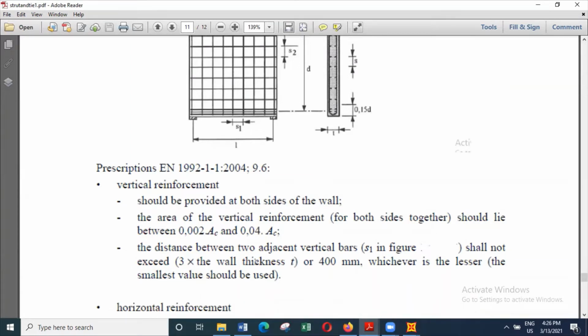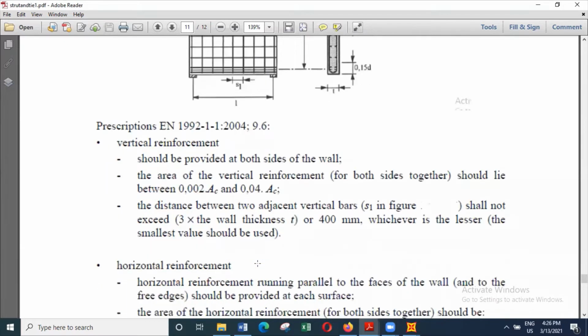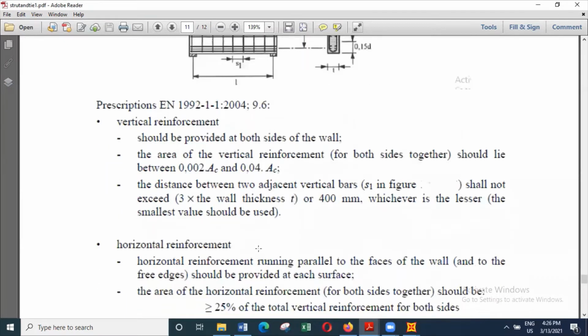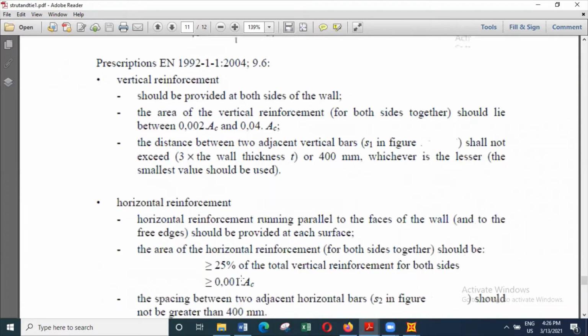And then in the horizontal direction, you have to provide either 25% of the vertical reinforcement or a minimum of 0.001 of concrete area in the horizontal direction.